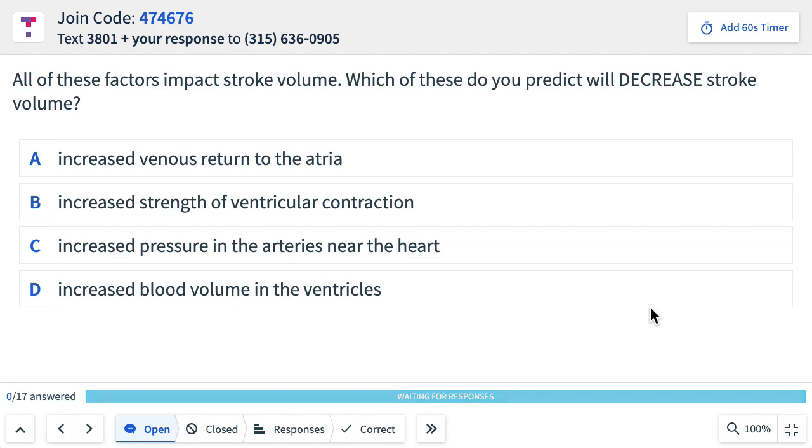So increased return to the atrium will increase the stroke volume because of the increased blood coming into the heart. Increased strength of the ventricle will increase stroke volume because we're going to force it to go.